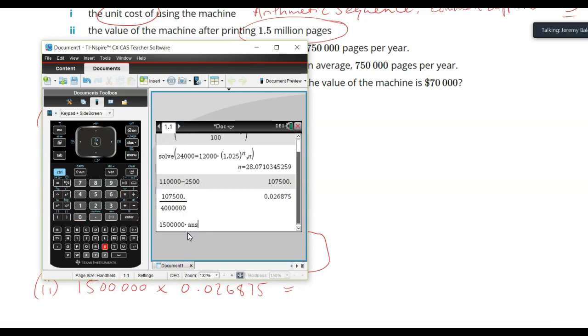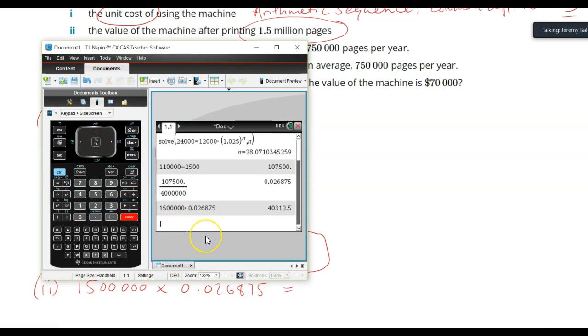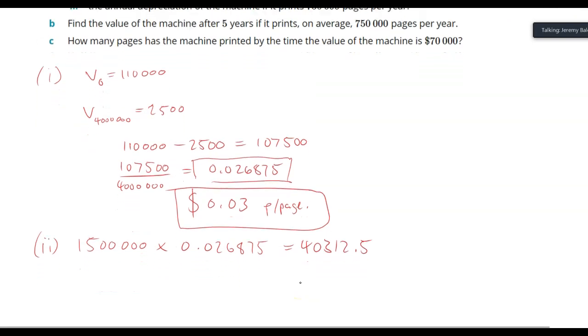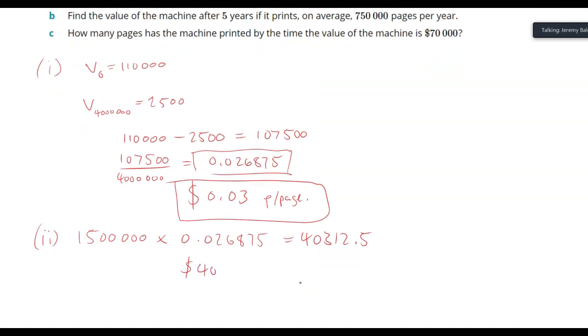I can just do times answer here. So that gives me 40,312.5. I'm just going to double check that that's definitely not got more decimals after it by copy and pasting it to the next line, and no, it doesn't. So it is 50 cents at the end there. 40312.5. Because it's a finance question, you've got to put it in cents like that.